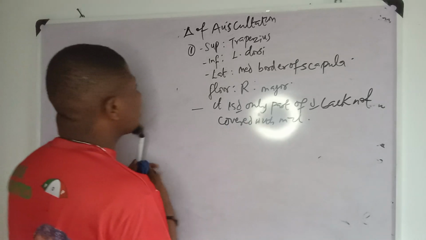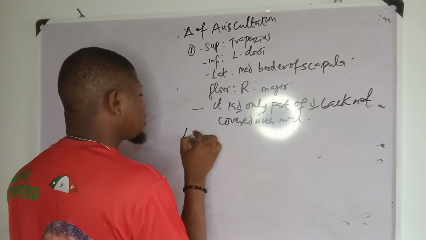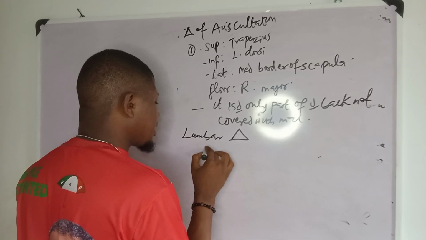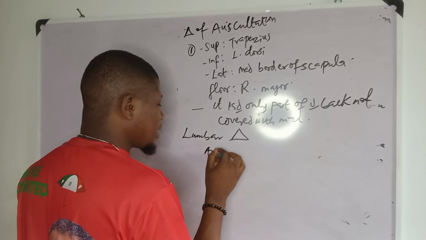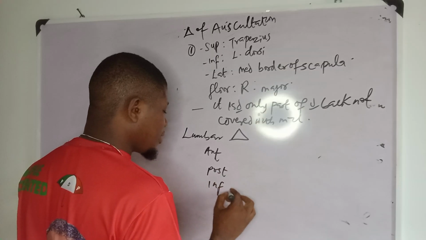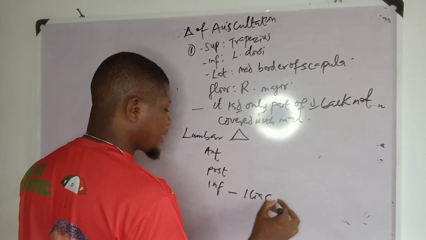Then the next triangle is the lumbar triangle of Petit. The lumbar triangle has an anterior boundary, a posterior boundary, and an inferior boundary. The inferior boundary is by the iliac crest.